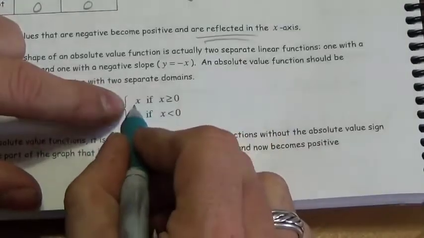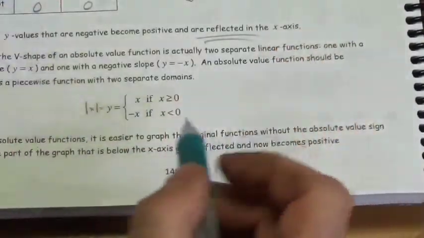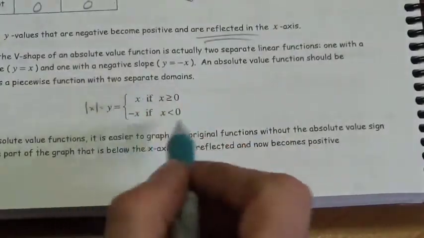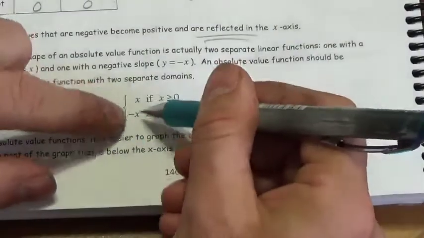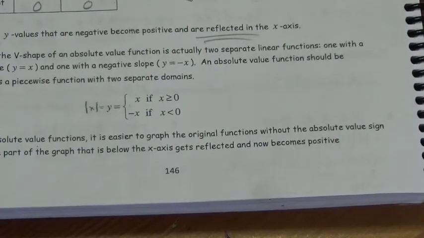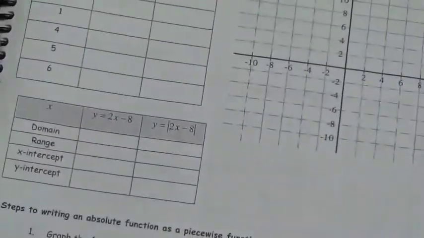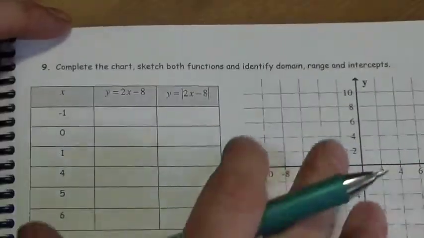Maybe it's easier to break this up into two simple expressions, just x or negative x, and we'll piece those together. So maybe it's a little bit more complicated to write, but I'm writing it in terms of much simpler functions. I hope that makes sense. So now we're going to take a look at some examples.